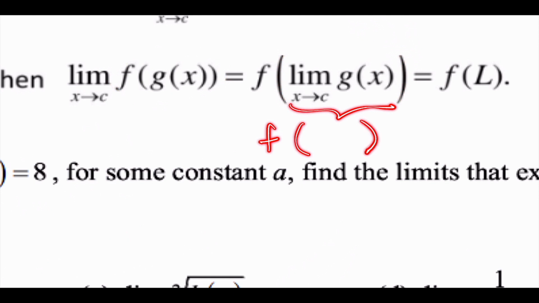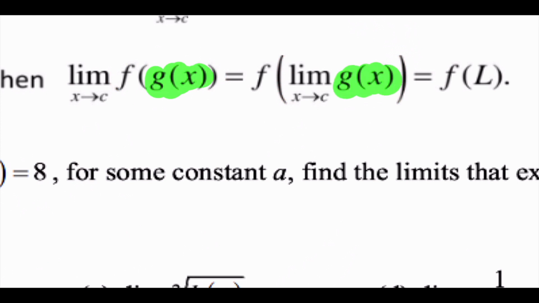Okay? And then that's your answer. So again, same thing we did on the summer assignment quiz. We start with the inside, find the limit of that guy. Find the limit of this guy here. What's that limit? Once you get an answer, you're going to plug it in for f. So it'll be f.